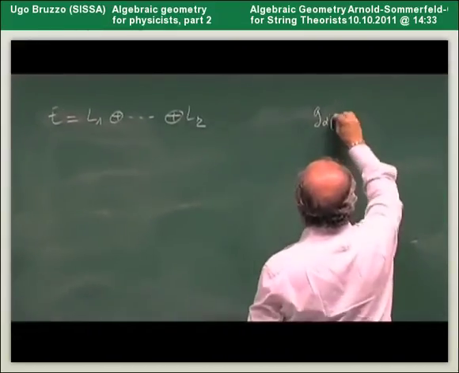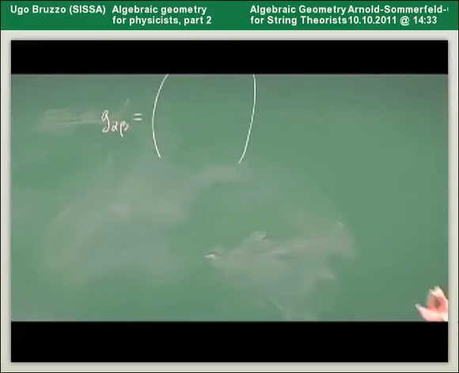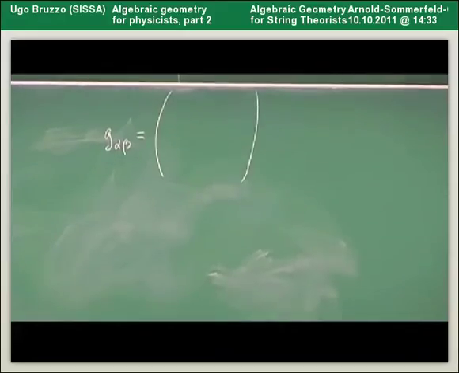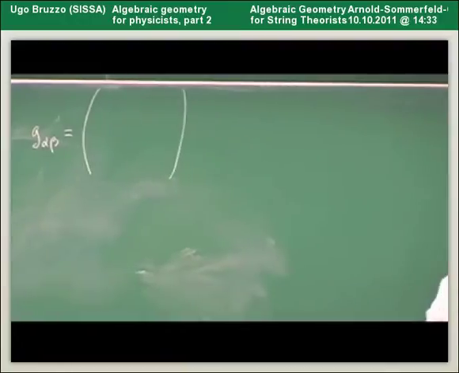Well, there's a very easy way of depicting this, again using transition functions. Suppose that we are able to choose a trivialization where at any given point, the transition function at that point, which is a matrix, is diagonal.